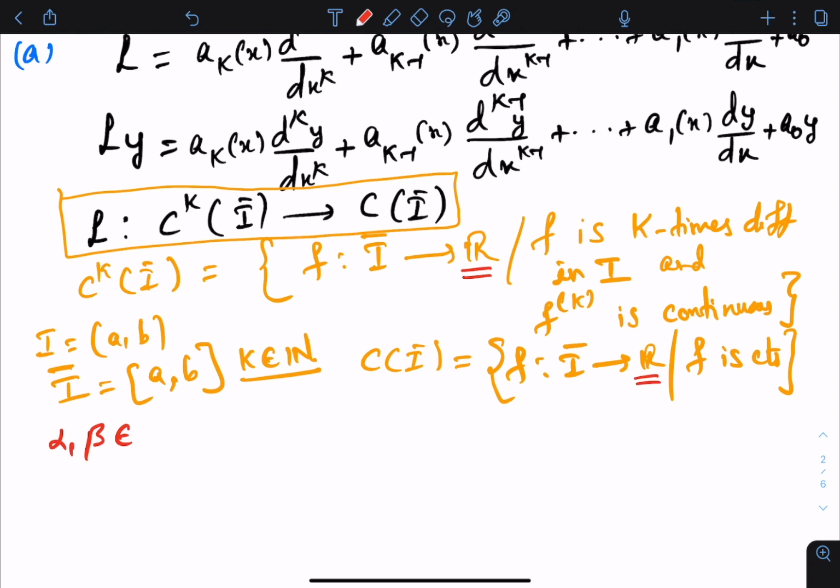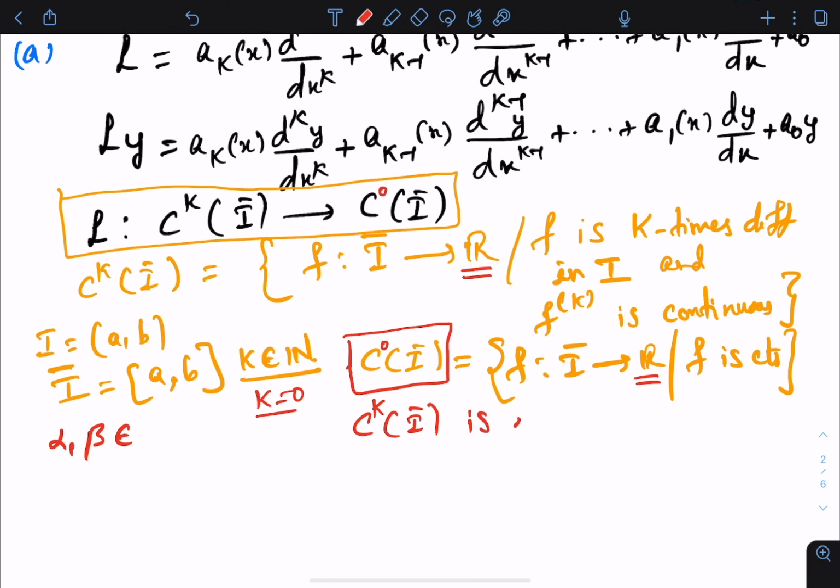We have already given it as an exercise in the lectures that both C^k of I bar, where you may even make k to be 0, which is C of I bar, one can think of as C^0, the set of all continuous functions, are vector spaces over the reals, because they are all real valued functions.